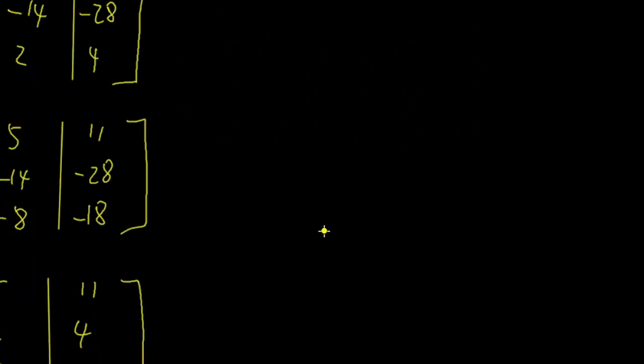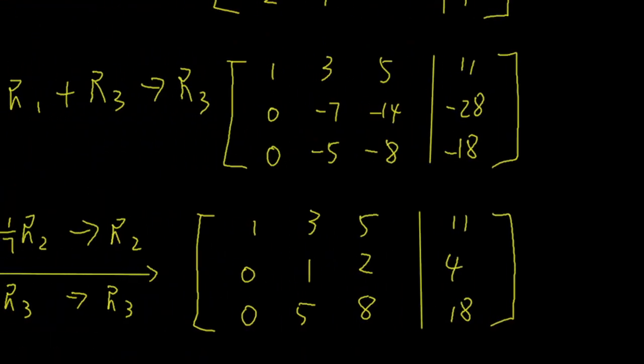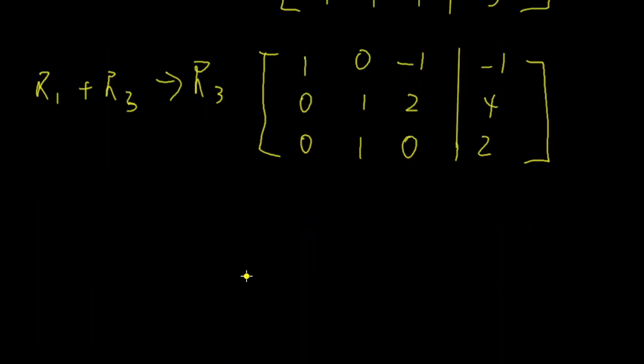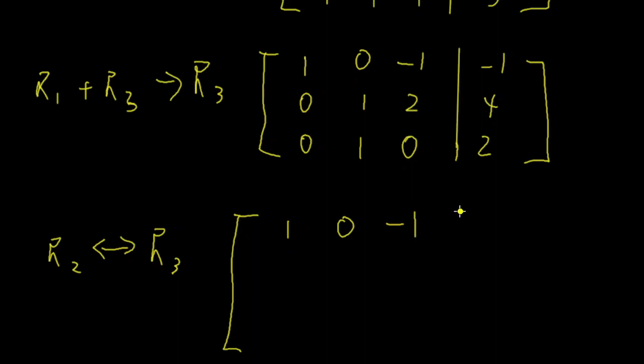So what can we do? Okay, simple. This is the time that we will just exchange two rows, right? So we will interchange row 2 and 3. Okay, so row 2 and 3, exchange. 1, 0, negative 1. Row 1 would stay the same.